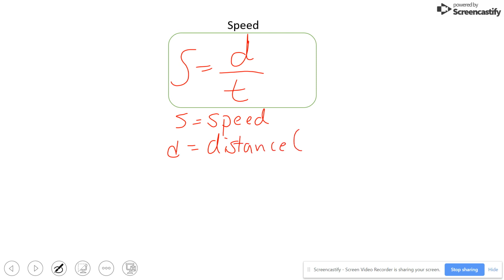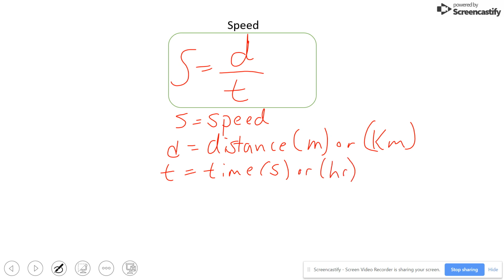And remember, if we're measuring distance, it's going to be in meters typically. It can also be in kilometers or millimeters or centimeters. It can be in any unit of distance. And then we have time, which is t. Remember, typically we measure that in seconds, or we can have it in hours.